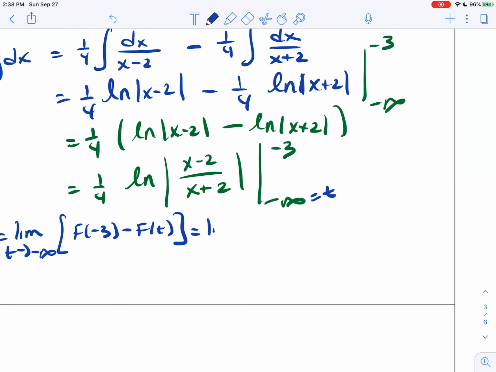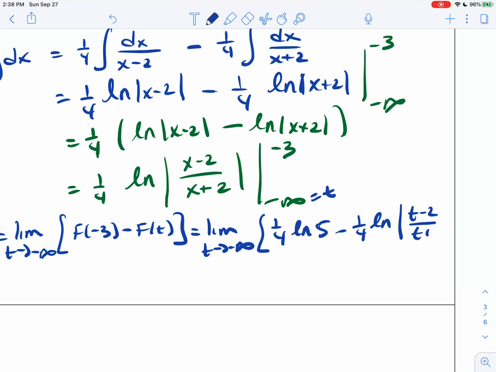That is the limit as t goes to minus infinity of 1/4 ln of -3 minus 2, which is minus 5, over -3 plus 2, which is minus 1. But we see that minus 5 over minus 1 is 5, so we don't need the absolute values, and we can say that this is ln of 5. And then we take away 1/4 of ln of t minus 2 over t plus 2.